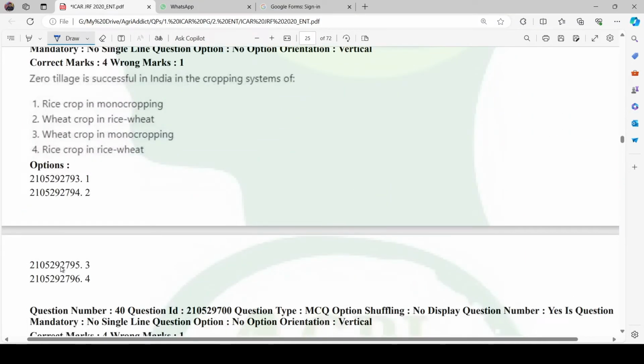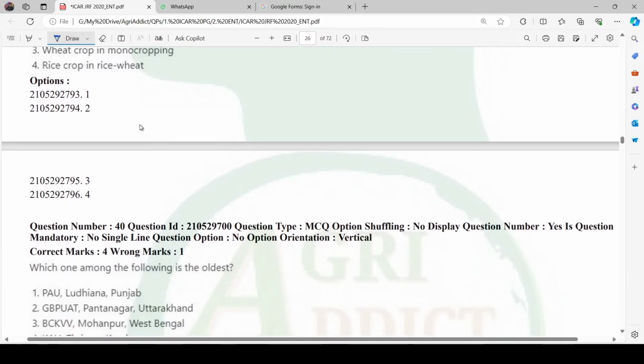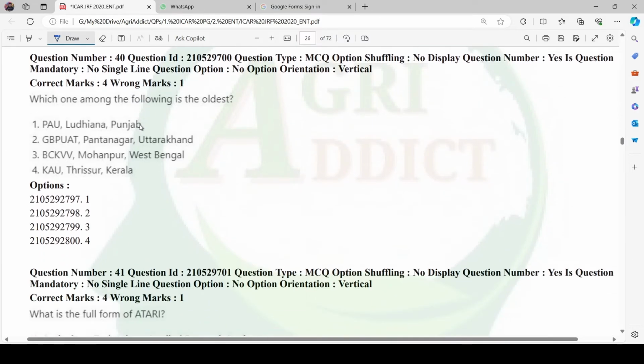Zero tillage is successful in India in which crop? So it is successful in wheat crop, mainly in rice wheat cropping system. So very easy question. Which one of the following is the oldest? So here PAU, GBPU, BCKV, and KU.